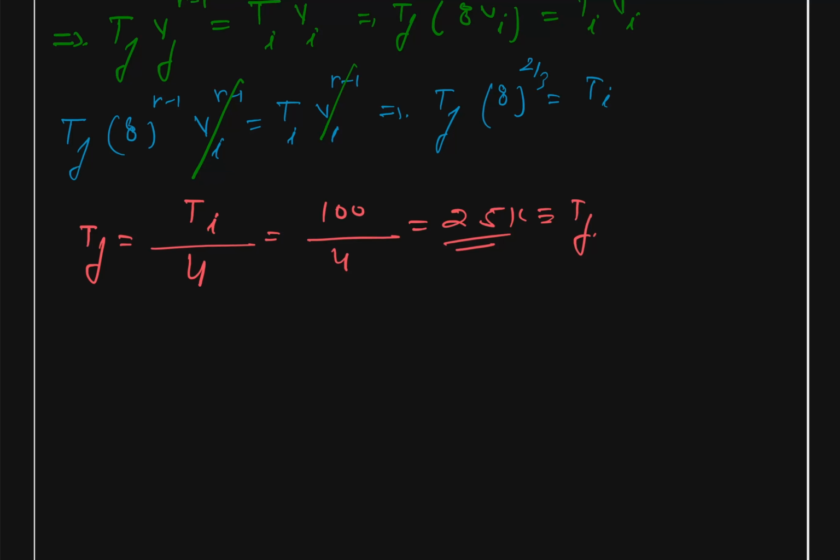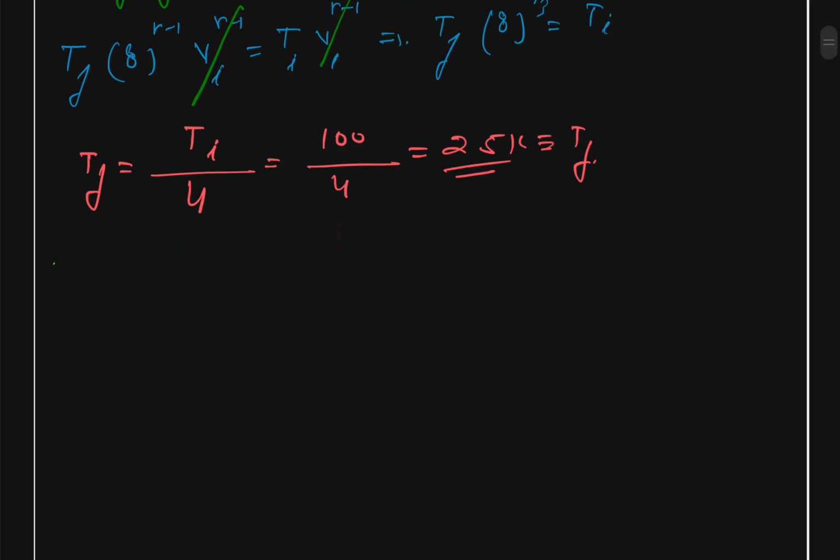So we can say that the change in internal energy, which is our delta U, will be equal to U_F minus U_I.